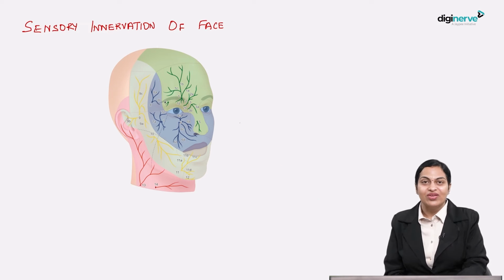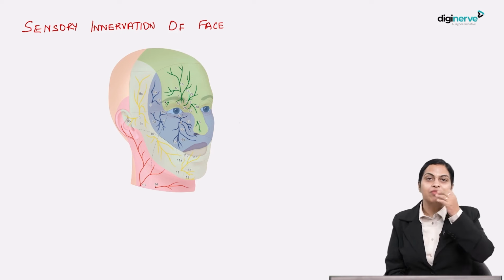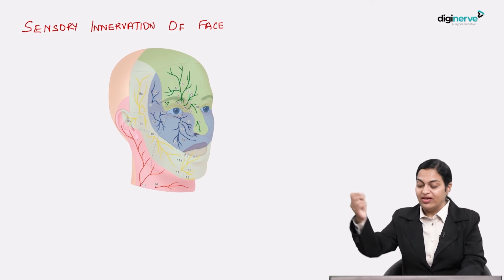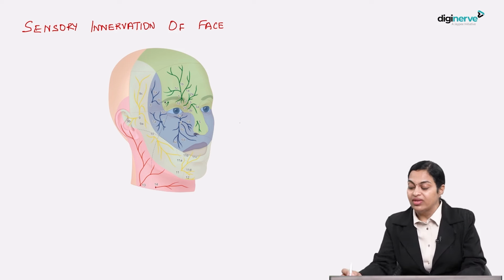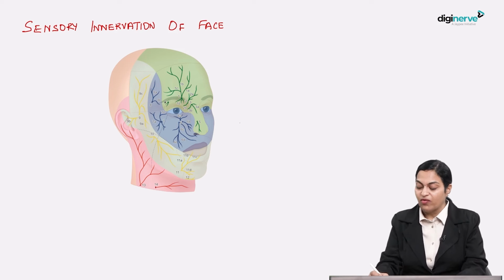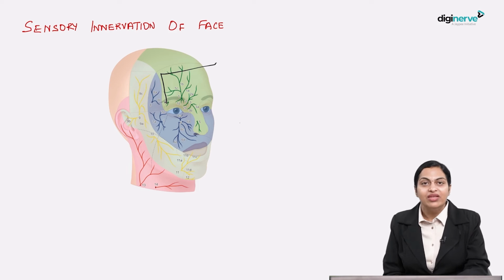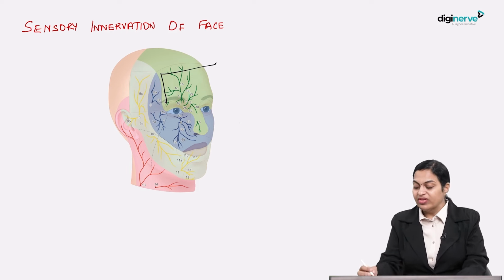So, the case scenario given describes the patient having sensory disturbance over the upper and the mid part of the face corresponding to the ophthalmic division and maxillary division of the trigeminal nerve. So definitely we should learn the names of the branches of these divisions. The area shown here in green color is the skin of the face supplied by the ophthalmic division of the trigeminal nerve. So this one here is the lacrimal nerve.